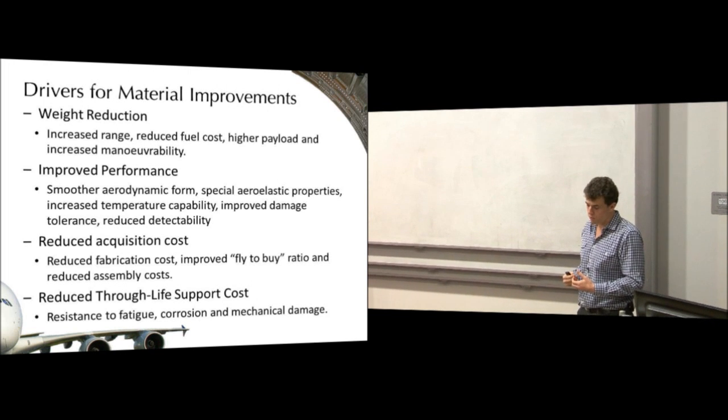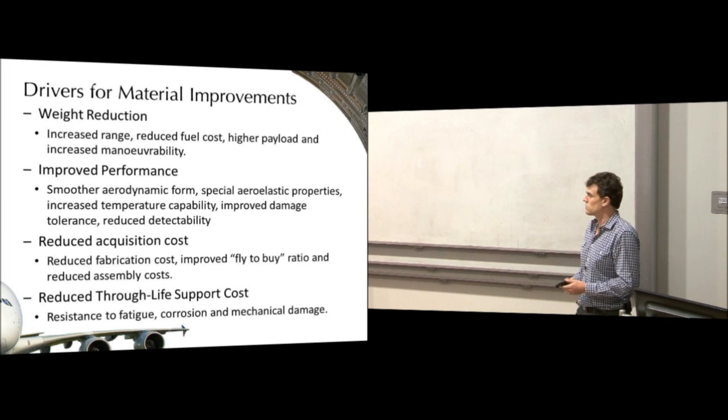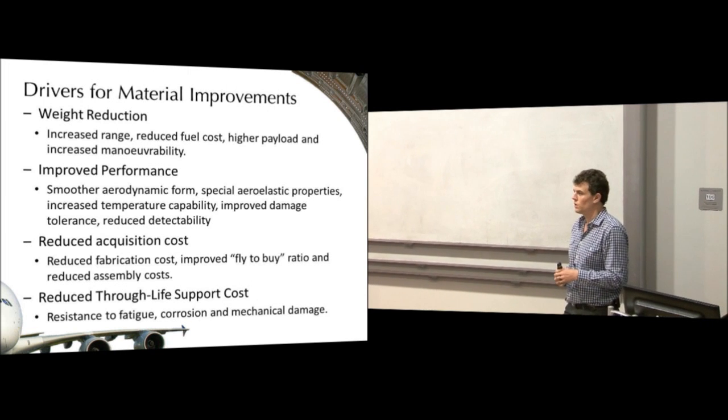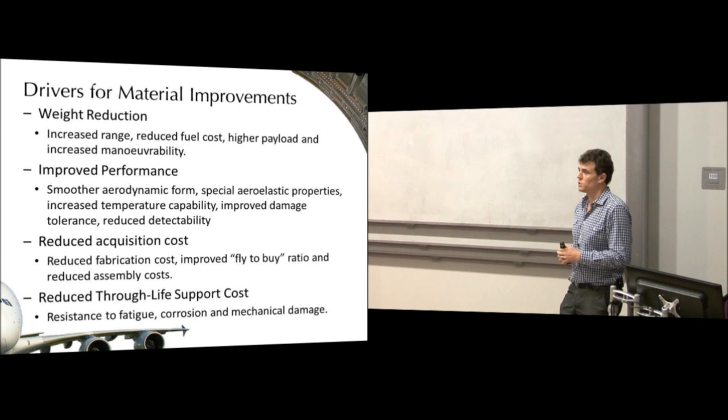One of them is improved performance, so making better aerodynamic shape. Anyone who's interested in aerodynamics would know about supercritical airfoils and special airfoil profiles. There are a lot of advantages to being able to push closer and closer to Mach 1. Obviously your aircraft's going faster, so you're getting from point to point faster.